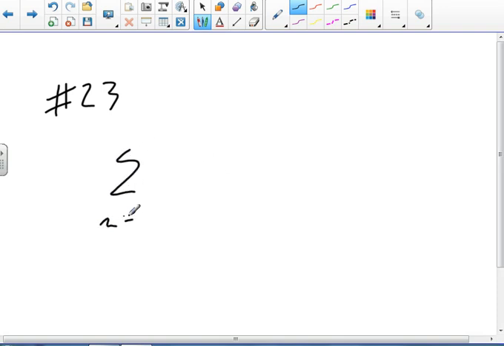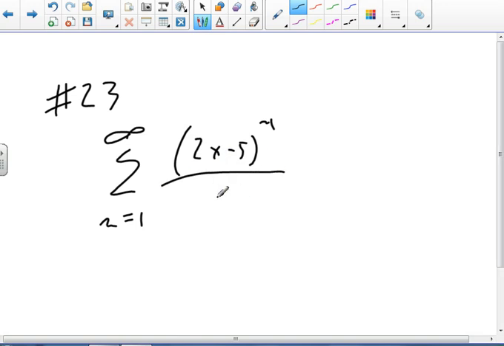Summation n from 1 to infinity of (2x minus 5) raised to the n divided by n squared.